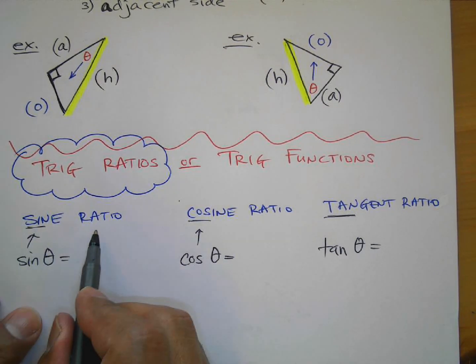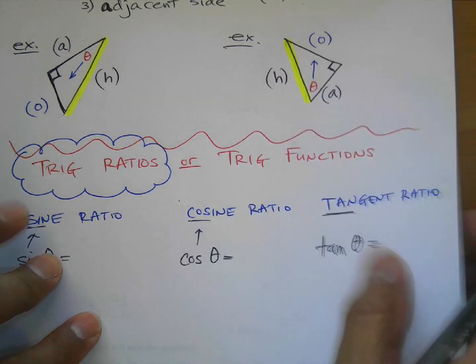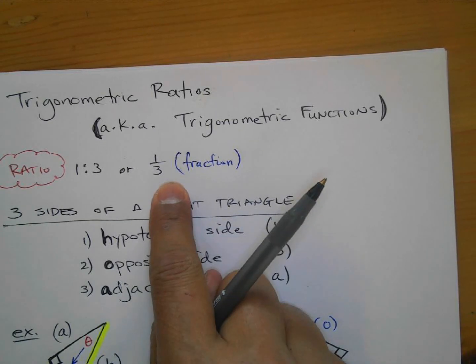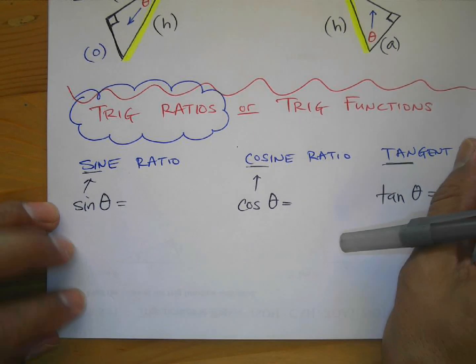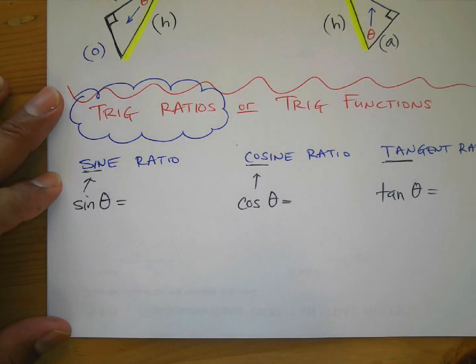And then remember, you're going to figure out a ratio. A ratio, again, we talked about over here. A ratio is a fraction. You have to have a numerator and a denominator. Okay.